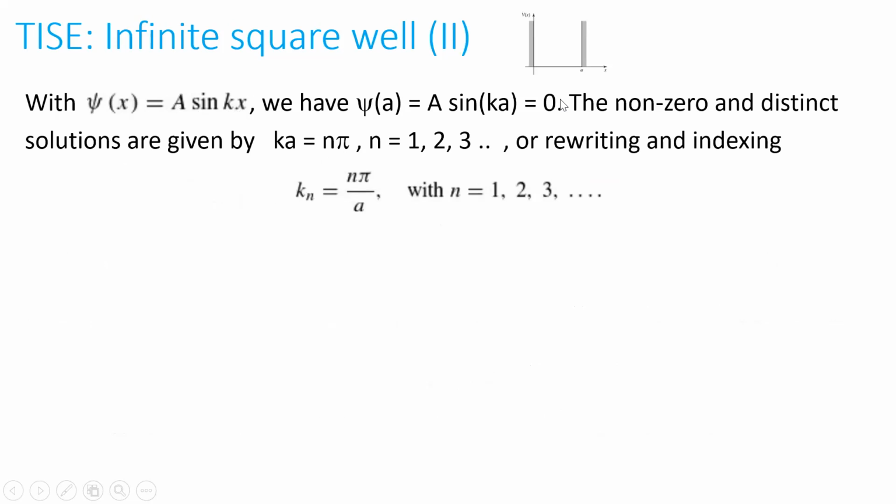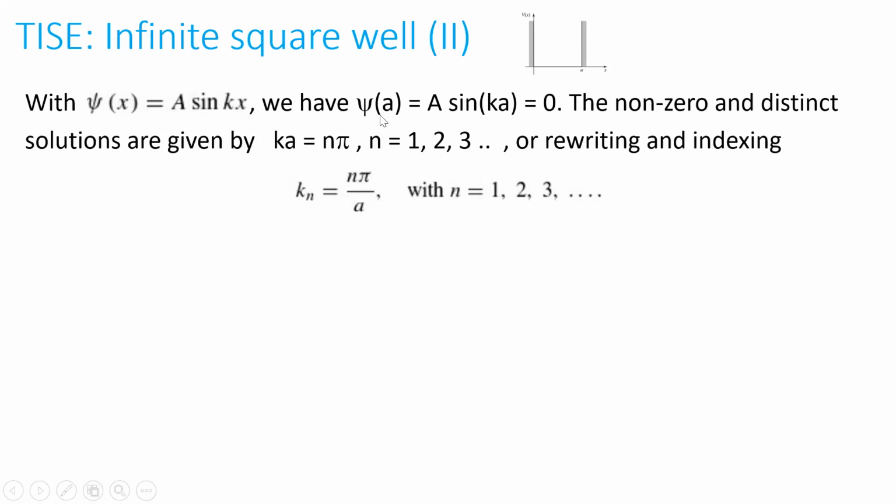So there's a couple ways we could have it be 0. One would be if big A was 0, but that would mean that the wave function was 0, which would mean no probability at all. So there'd be no way to normalize it. So that's not a possibility. So it must be that sine of ka equals 0.